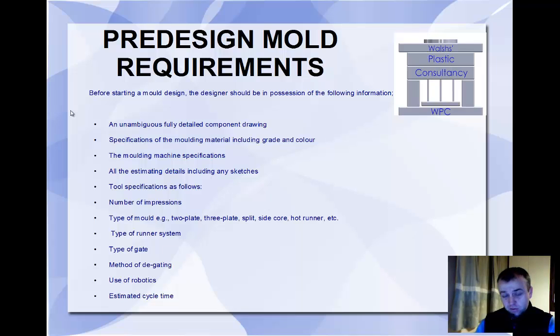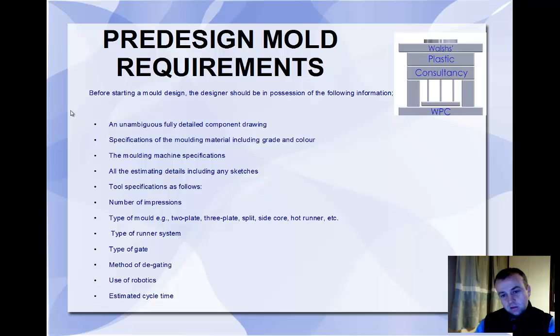So some of the tool specifications that you're going to need to discuss with the client would be the type of mold, whether it's going to be a 2-plate, 3-plate, split, going to be using side cores or even a hot runner system.